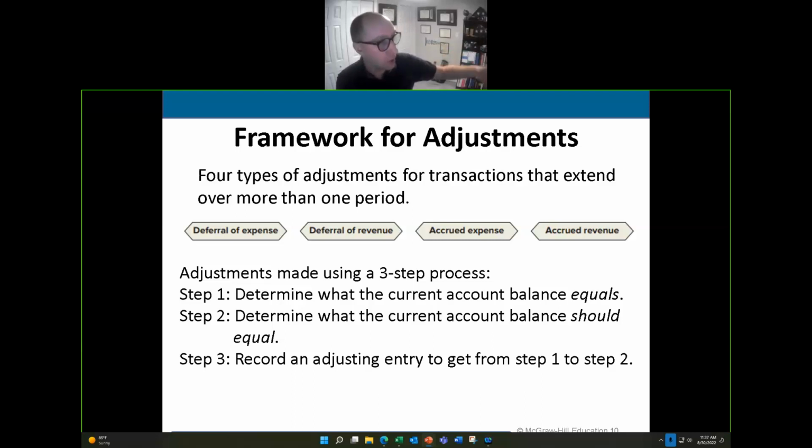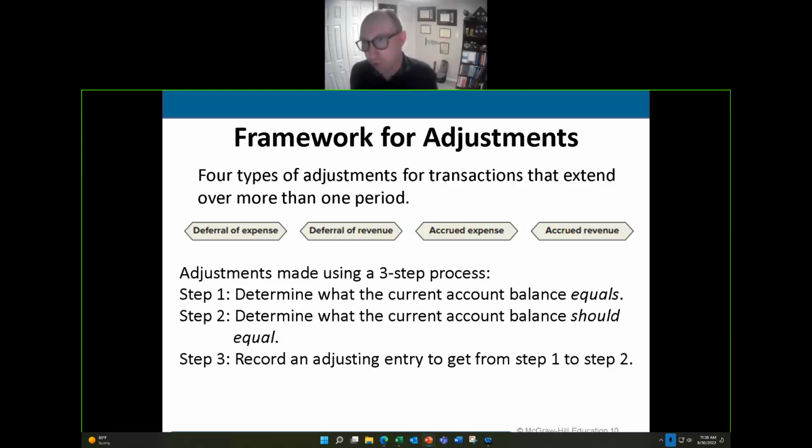Yes, over time. We accrue the revenue or the expense over time. Accruals, we're adding over time. And we can do this with certain expenses and certain revenues. Okay.